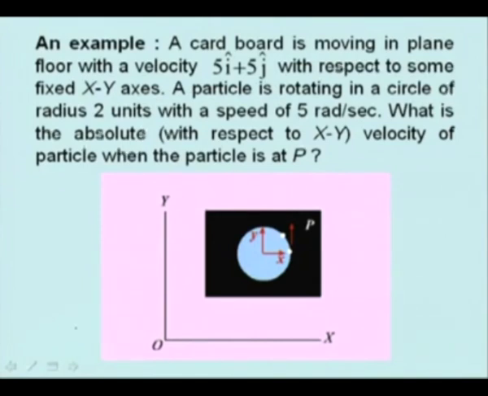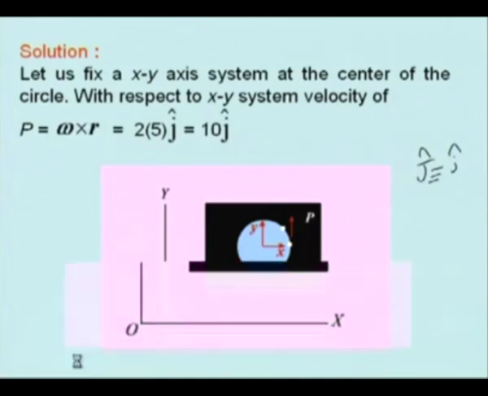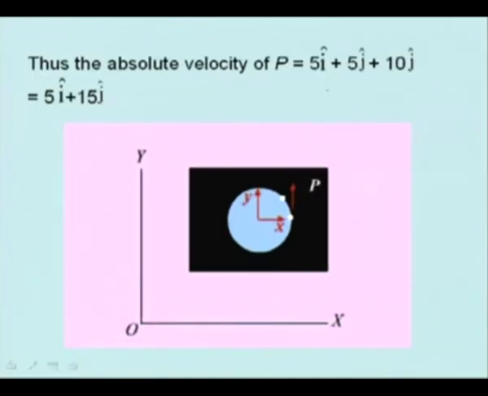That means the reference frame attached with the cardboard has the velocity 5i plus 5j. Therefore, the absolute velocity of P is 5i plus 5j plus 10j, that is equal to 5i plus 15j.